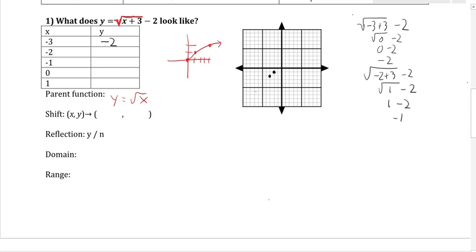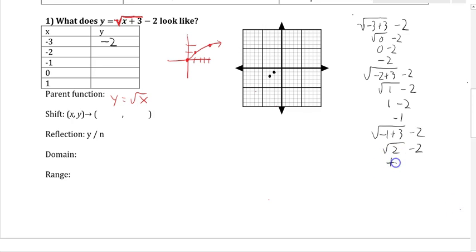And what happens if we plug in -1? So -1 plus 3 minus 2. What's the square root of 2? Ooh, the square root of 2 is a decimal? Awesome. Not only is it a decimal, it's an irrational number. It's a decimal that goes on forever without repeating.